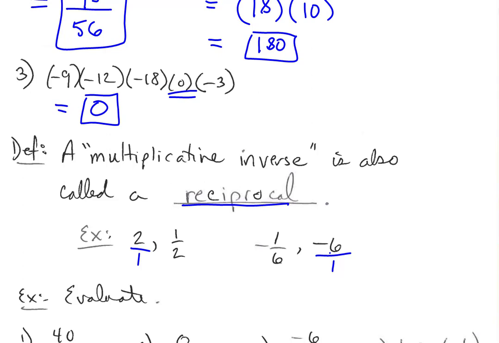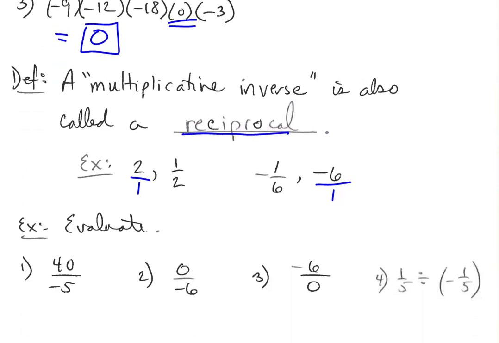Now let's work on some other examples where we want to evaluate. For the first, we want to use 40 over -5. In other words, 40 divided by -5. Well, this is a fraction which communicates division. And so as we've already been seeing, you can utilize a lot of the reducing and sign rules for fractions to do this.